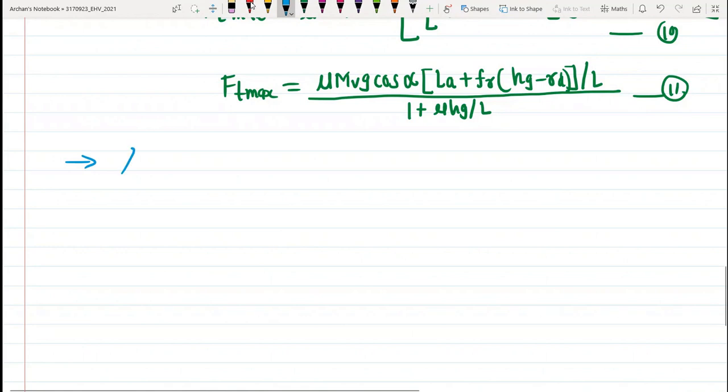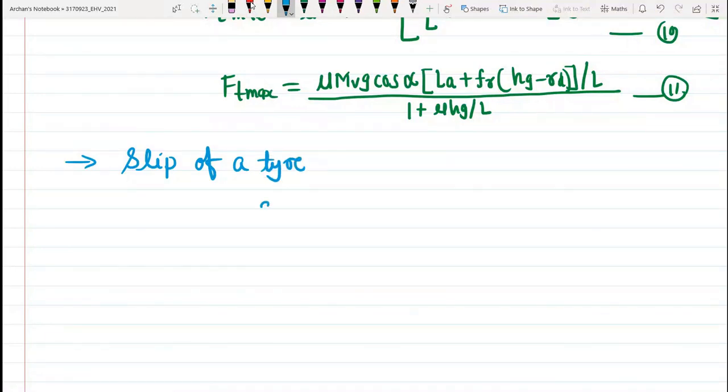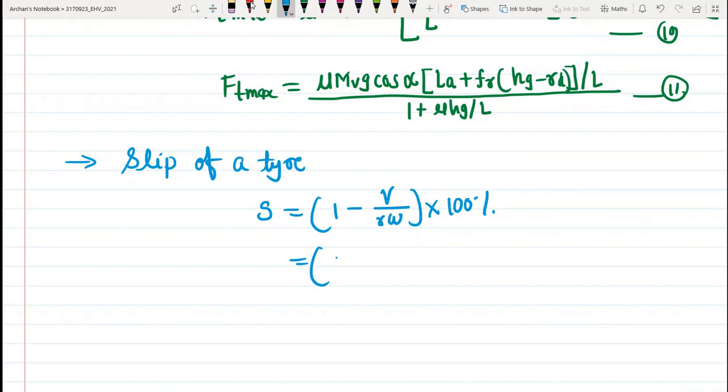The slip of a tire is usually defined as S equal to 1 minus V by r omega, measured in terms of percentage, or 1 minus r_e by r, into 100.